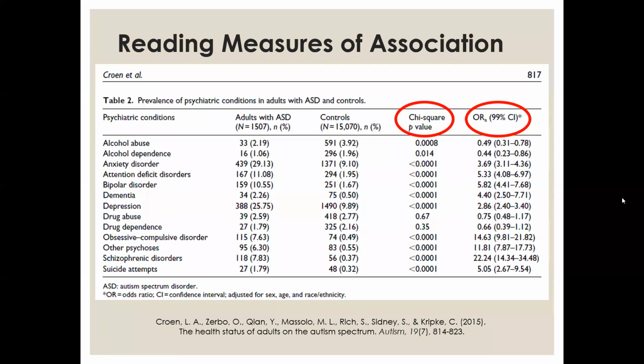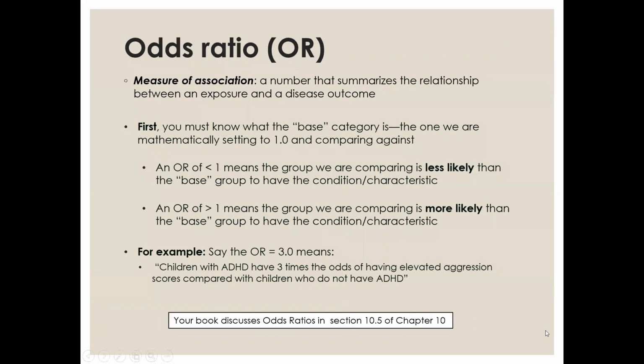And if we look here, we're going to look at the odds ratios, right? We want to look and see what's the difference, which puts the group at the highest risk. Go back and we'll look here. Right, children with ADHD have 3 times the amount of elevated aggression.